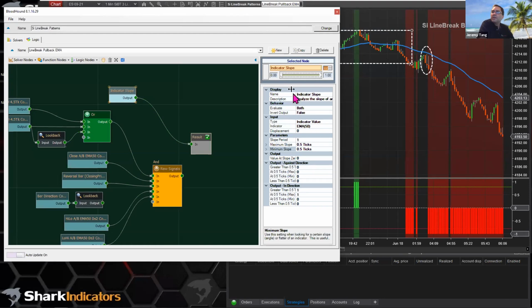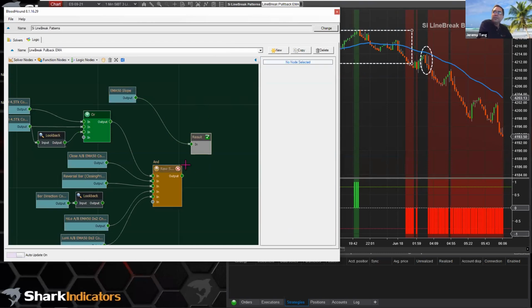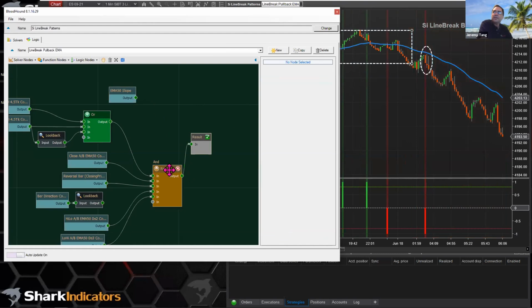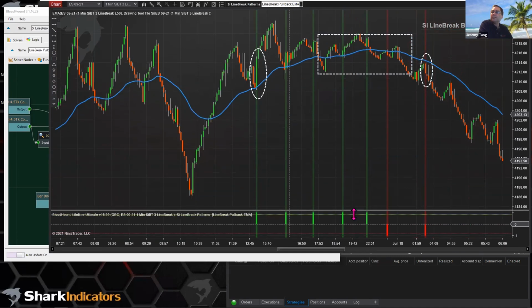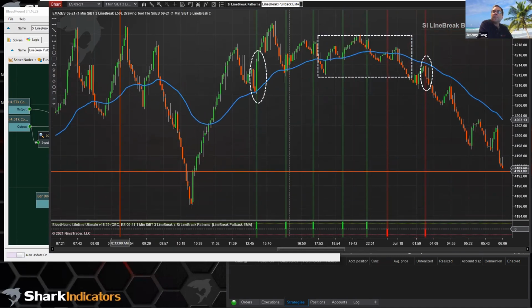So let's see here. I should probably give this a name. So let's just call this the EMA 50 slope solver. And now let me connect in the raw signals. So here's the raw signals. Shrink that up.